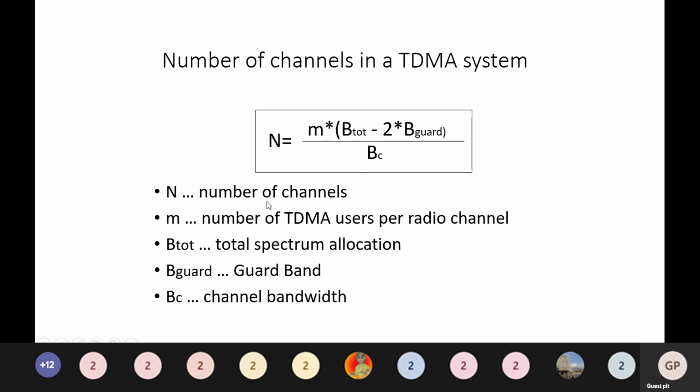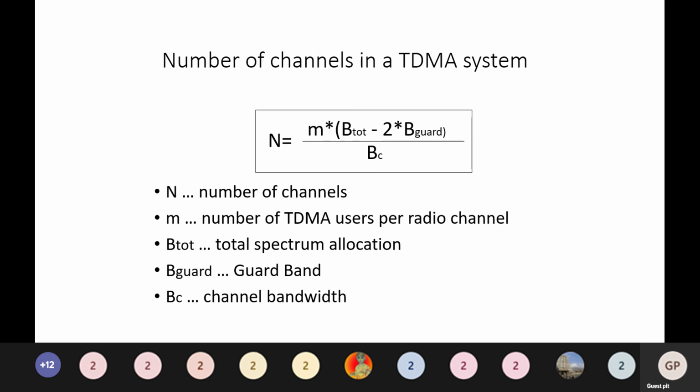N is the number of channels, M is the number of TDMA users per radio channel, B total is the total spectrum allocation, B guard is the guard bandwidth, and BC is the channel bandwidth. So this is the formula for the TDMA system.